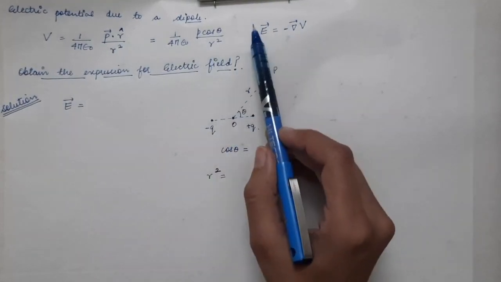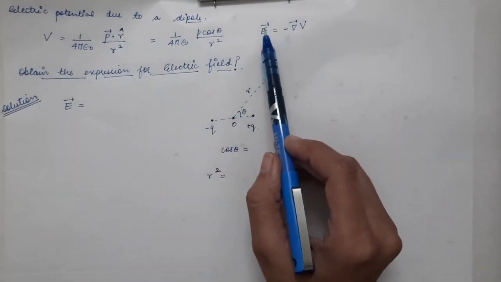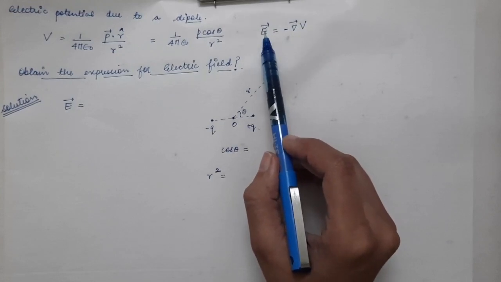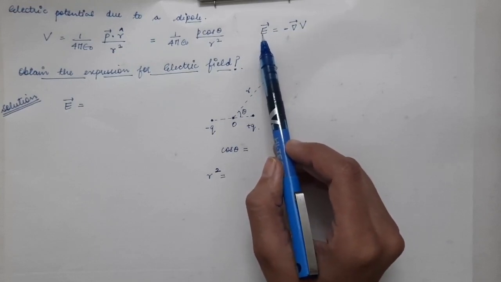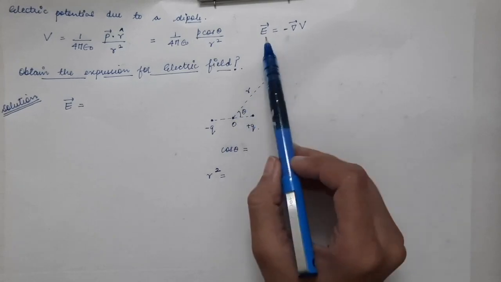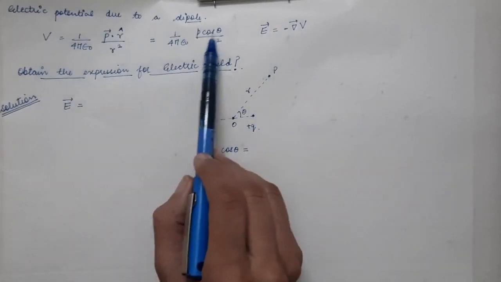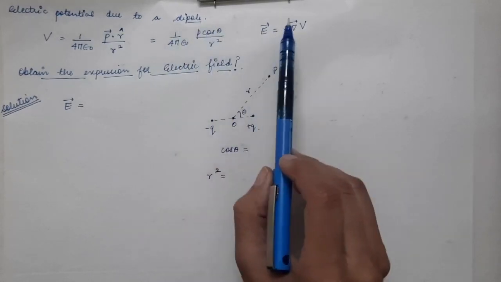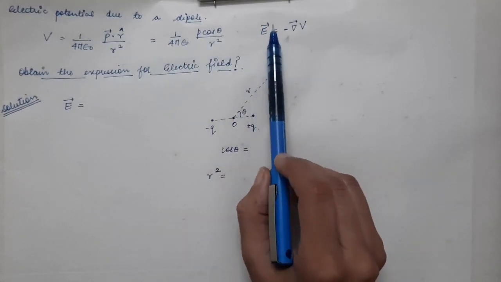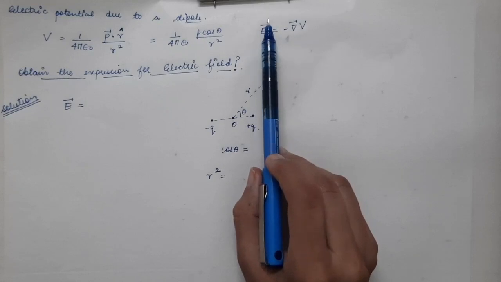So using this formula, we will now derive the electric field for the case of an electric dipole, and find the electric field intensity due to a dipole.